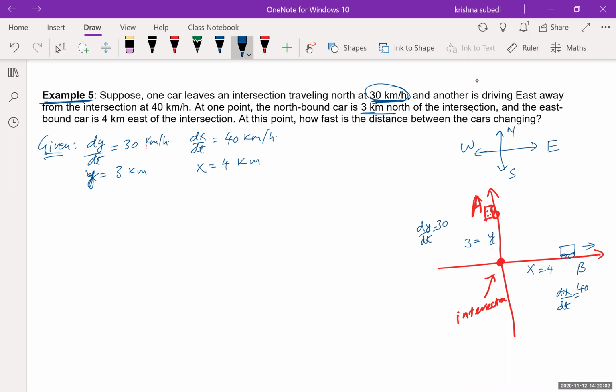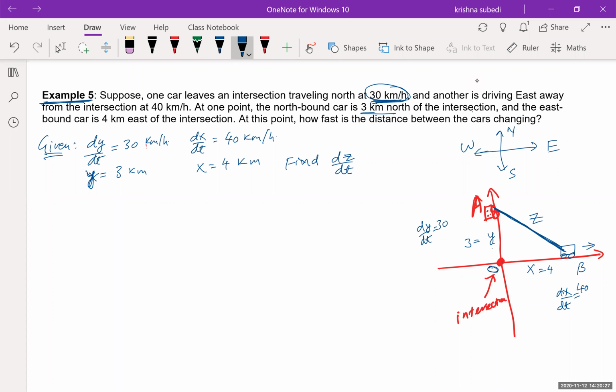Now our goal is to find how fast the distance between these two cars is changing. That's what we want to find. So how fast the distance between A and B is changing. Let us suppose that this is z. So we want to find dz over dt.